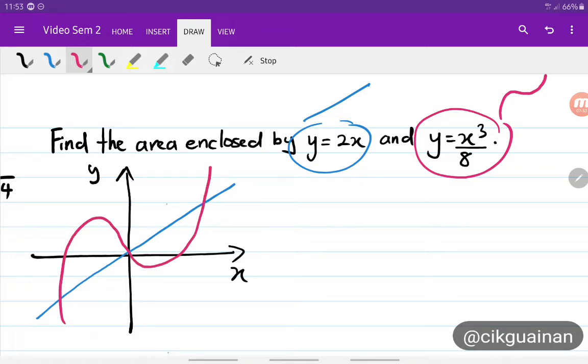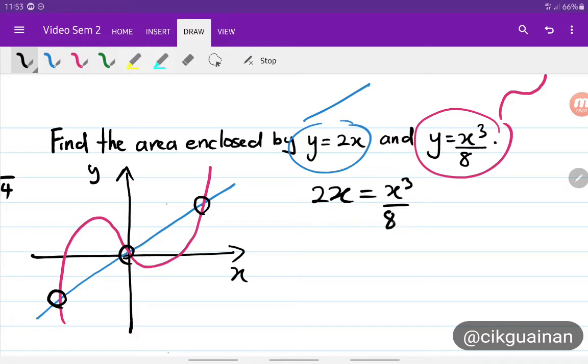Correct? Okay, now as we can see here, there are 3 intersection points. The middle one is a no-brainer, it's at the origin. The other 2 we have to figure out. So what we have to do is equate both equations.